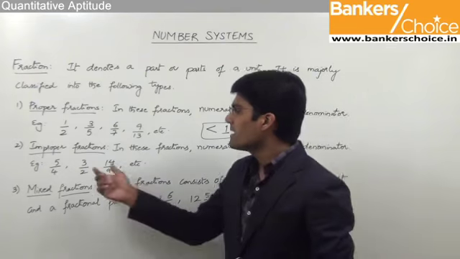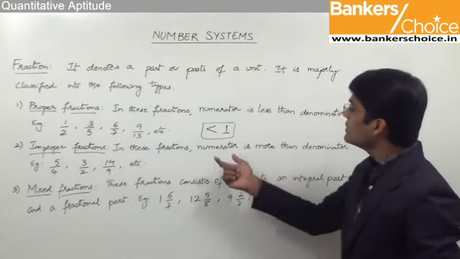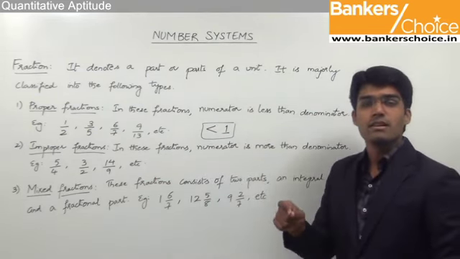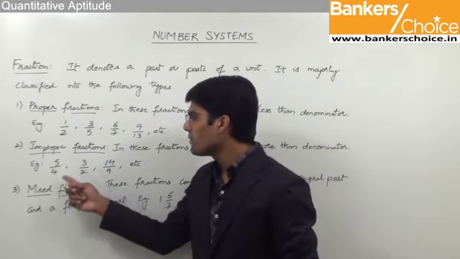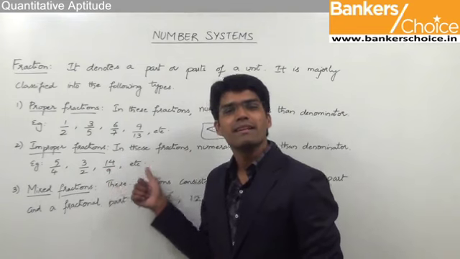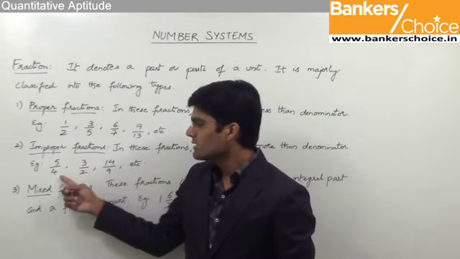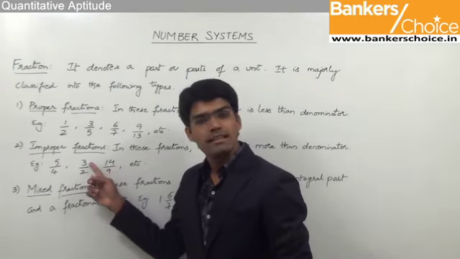The second type of fraction that we have here is improper fractions. Now these are the fractions where the numerator is more than the denominator. That means a, the numerator, is more than the denominator b. Now some examples here are 5 by 4, 3 by 2, 14 by 9, etc. So as you can see, in each of these fractions, numerator is more than the denominator. 5 is more than 4, 14 is more than 9, 3 is more than 2.